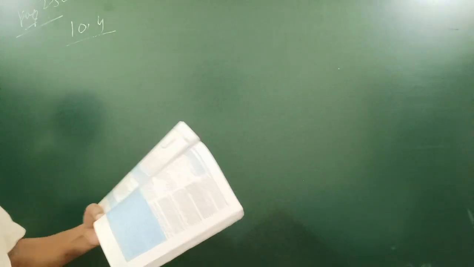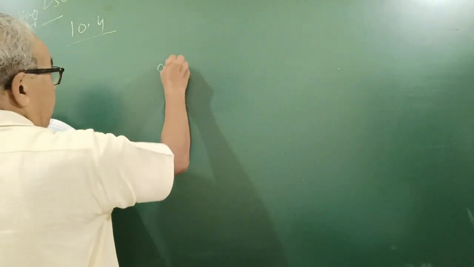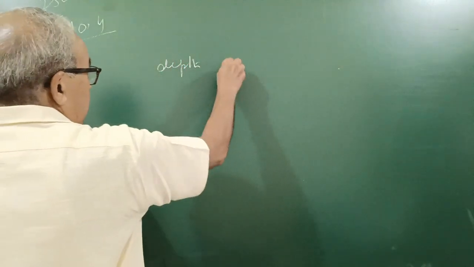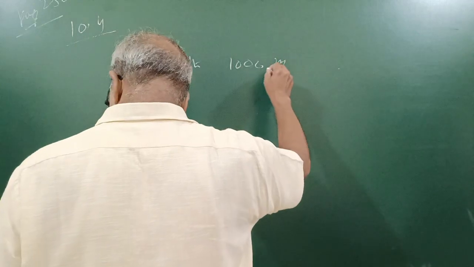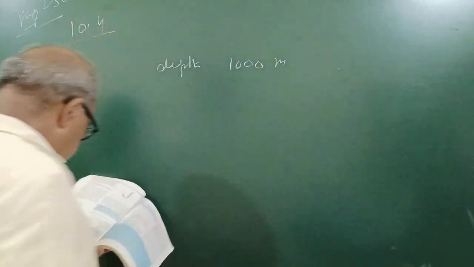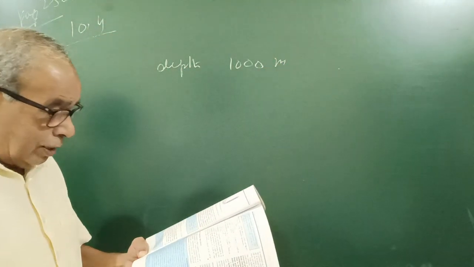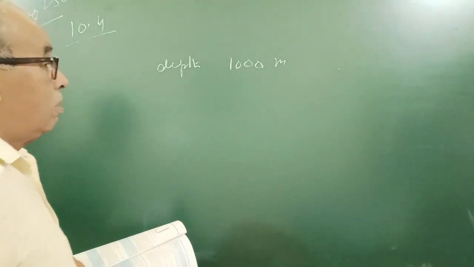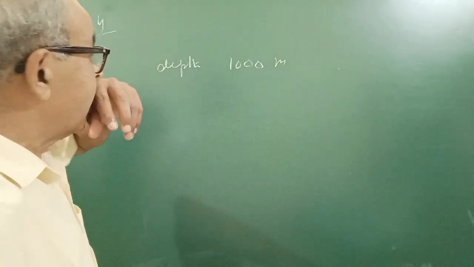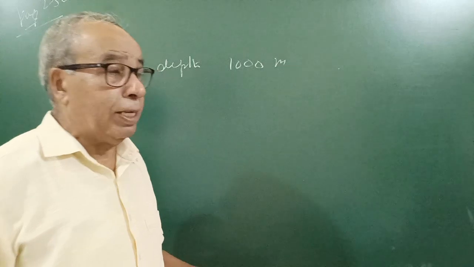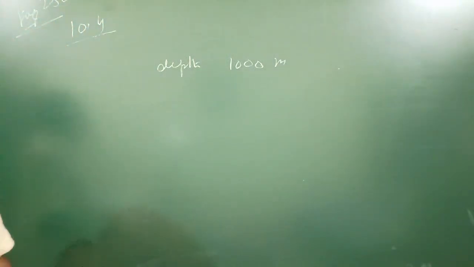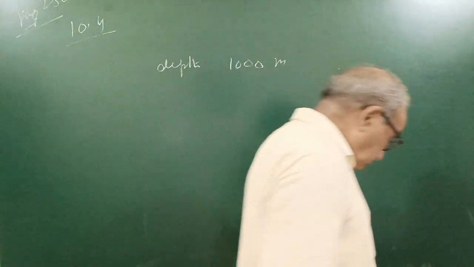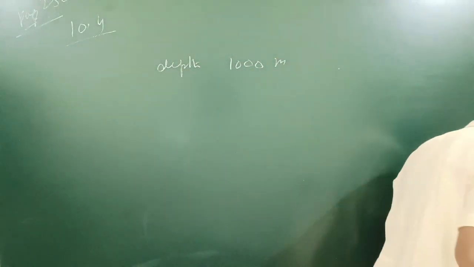At a depth of 1000 meters in an ocean, what is the absolute pressure? In the ocean, if we are 1000 meters below the surface of the ocean water level, then what is the absolute pressure?